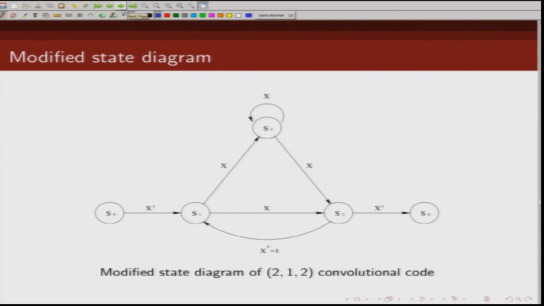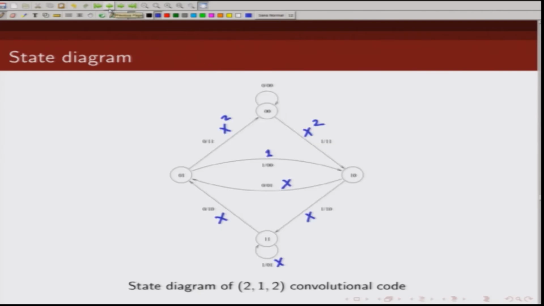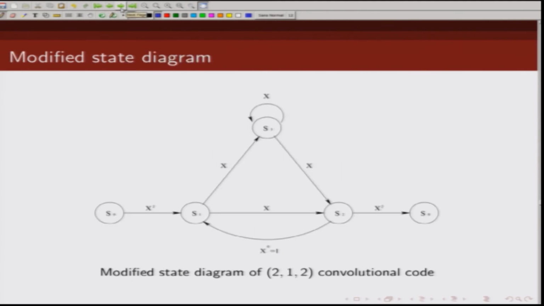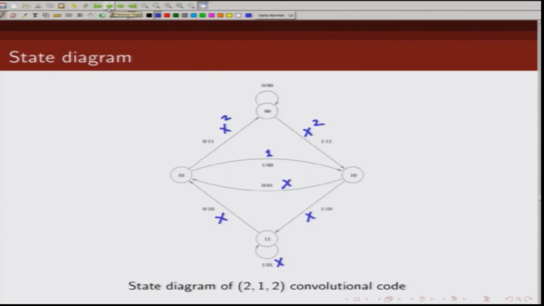From this state you are going to this 11 state and the branch is labeled by x. From this you are going to this 11 state and it is labeled by x. Around this state 11 there is a loop which has weight x.